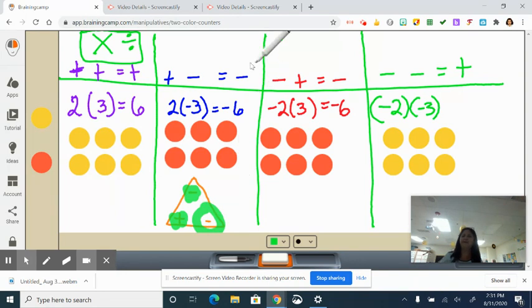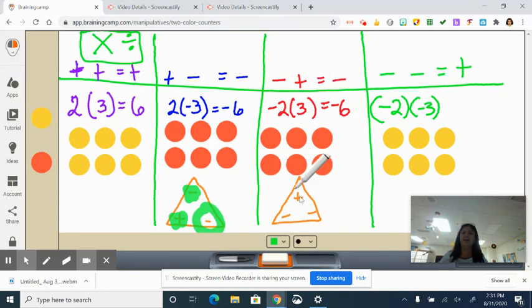It's going to leave me a negative. So a positive times a negative is a negative. And it doesn't matter if it's negative times positive or positive times negative. Super easy. And it doesn't matter where you put your negatives on your triangle. This is just an extra tool to help you.